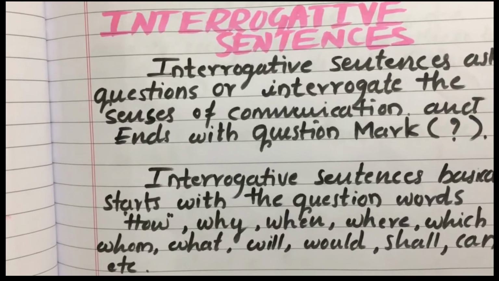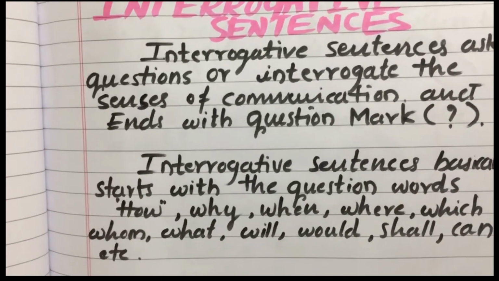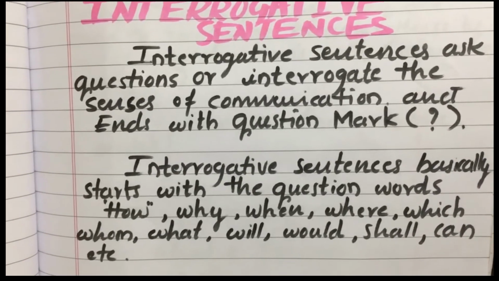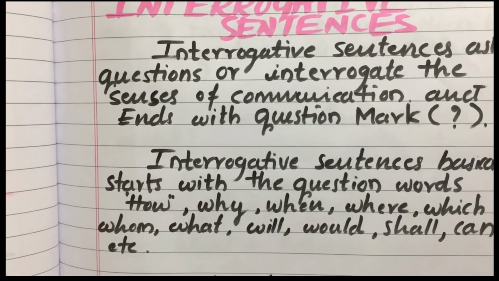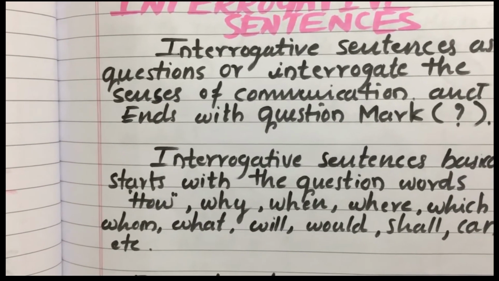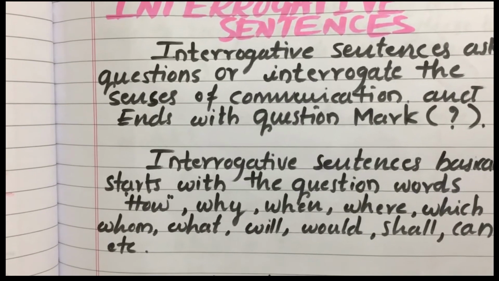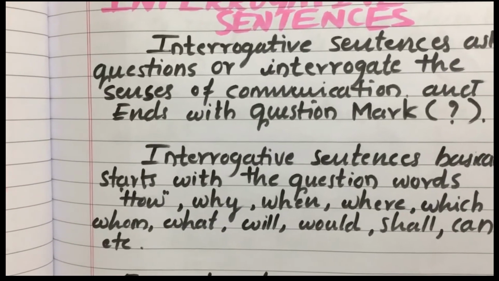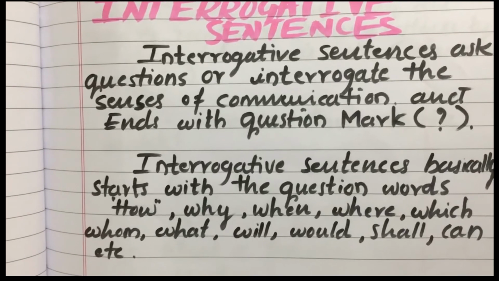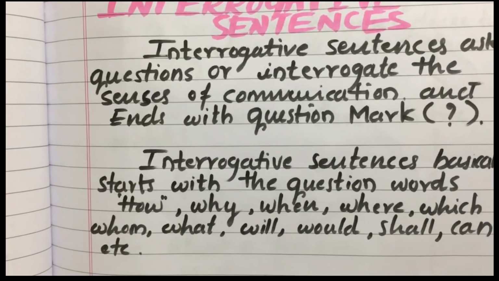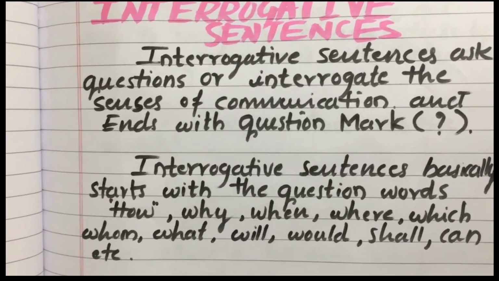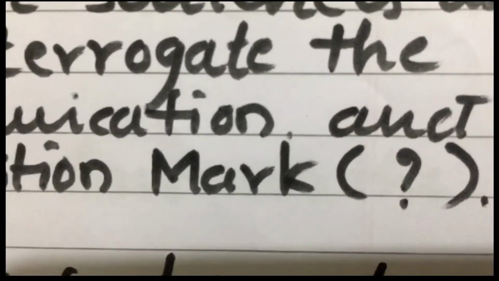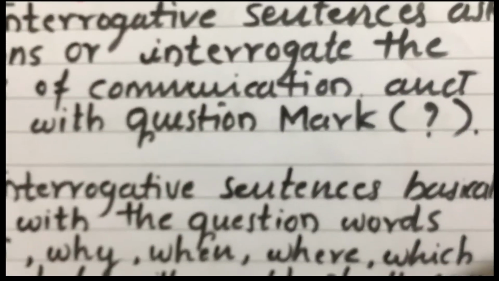What is going to be? Next, interrogative sentences basically start with a question word: how, why, when, where, which, whom, what, will, would, shall, can, etc. And these types of sentences end with a question mark.